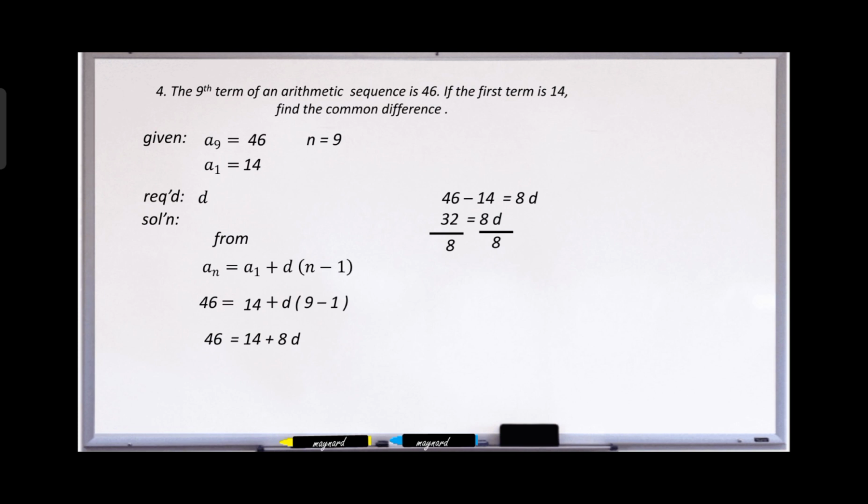So, 32 divided by 8 is equal to 4. And then, yung 8 divided by 8 is equal to 1. So, d na lang ang matitira. So, 4 is equal to d. And finally, symmetrically, we can say that d is equal to 4. Okay, so ganun lang, maghanap ng common difference using the formula for the nth term ng arithmetic sequence.